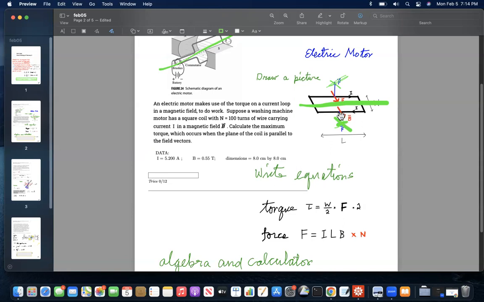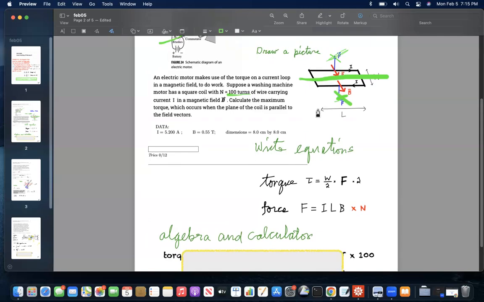Sine of 90 degrees is 1. So the force will be ILB. That would be for one turn of wire, but there are N, 100, turns of wire. So I have to multiply by N to get the total force on this side of the coil and the same force on this side of the coil, but in the opposite directions from what I had drawn.